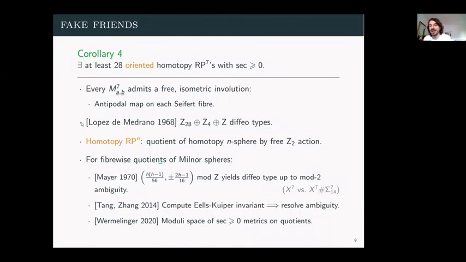And he, working from the classification of Lopez de Medrano, also gets to the scenario that Meyer is in, that he can show that everything depends on just two numbers up to a mod 2 ambiguity. And again, I think that the Tang and Zhang result will resolve his ambiguity as well. But this is a very nice paper, and he shows that the moduli spaces have infinitely many connected components. So it's very nice and well worth having a look at.